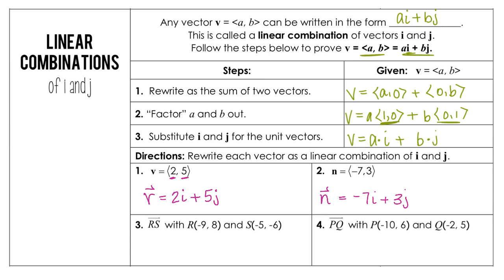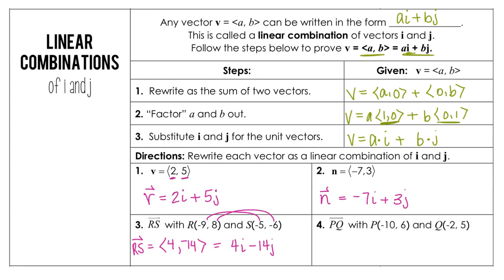Now for number 3, notice we are not in component form yet. So the first thing we need to do is rewrite vector RS in component form. And that's going to be negative 5 minus a negative 9, and then negative 6 minus 8, so negative 14. And now we can write that in our linear combination form for i, goodness, minus 14 times j.